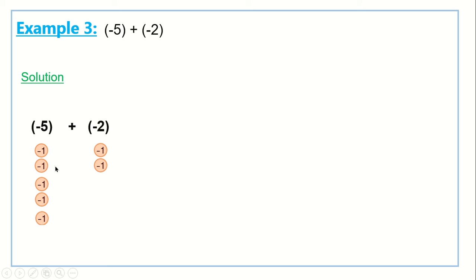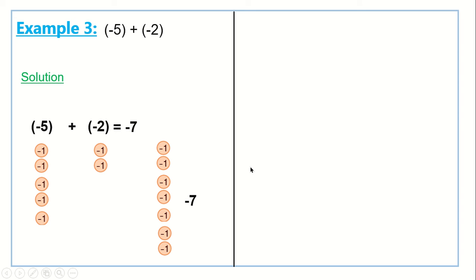Since both of them are negatives, they cannot make a zero pair. So we cannot pair them. So this means that altogether we have got negative 7. So negative 5 plus negative 2, we get negative 7.